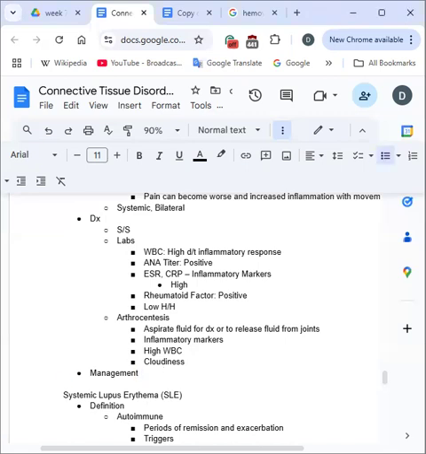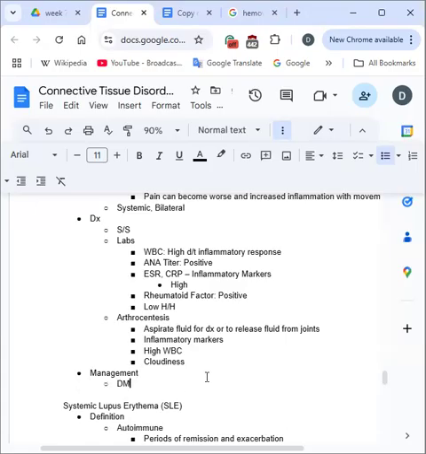What do you guys say? DMARDs, yes. Your gold standard medication is going to be methotrexate.